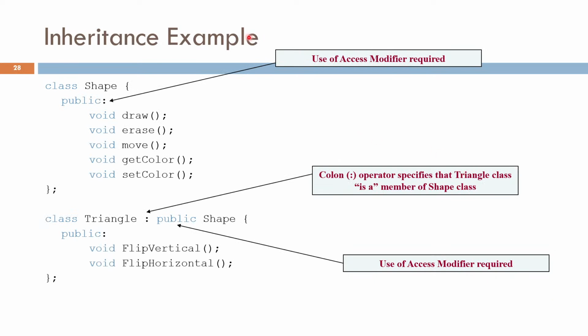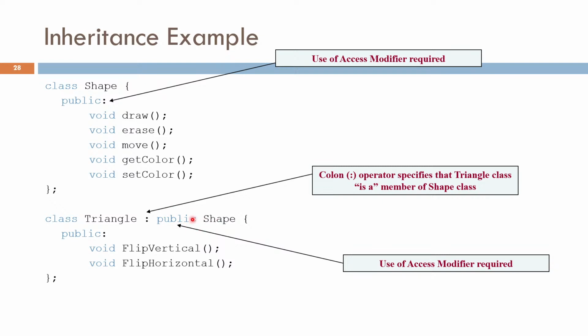To give you an idea of how we go about doing this, we can have our original class shape here, where we have all our public functions: draw, erase, move, get color, and set color. Then we can have class triangle, and we use the colon operator in C++ to say we are inheriting from our shape class. In inheritance, you need to specify an access modifier here, and typically when you're inheriting, you use the public access modifier.